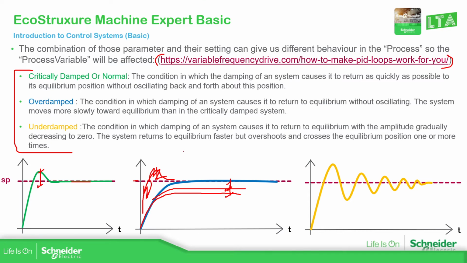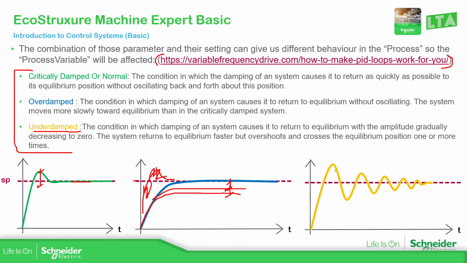And then we have the underdamped, which in Spanish is subamortiguado, sistema subamortiguado. You can see here it's totally different from the other one.